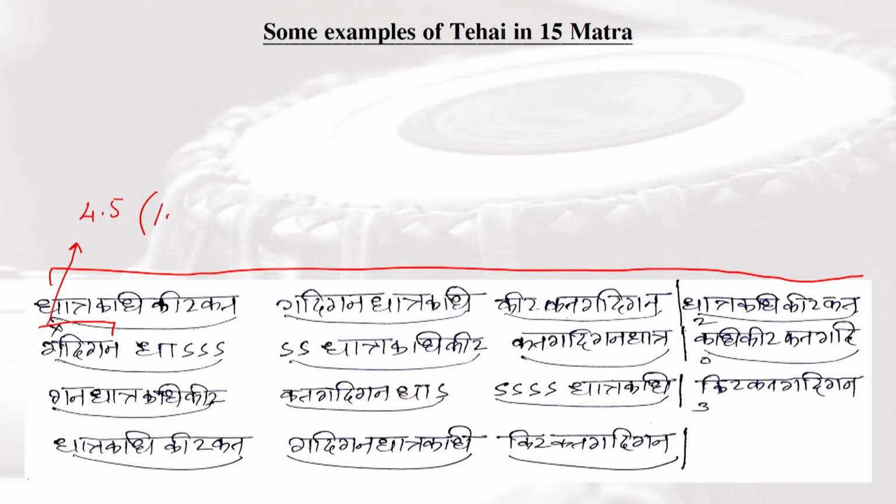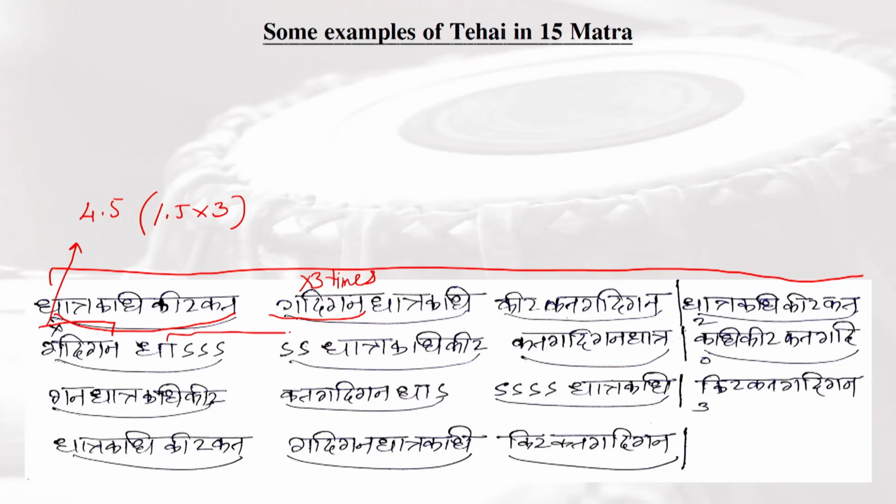So how has this 4.5 become? We have 1.5, that is dhataka dhikita kata gadigana, dhataka dhikita and kata gadigana. So dhataka dhikita kata gadigana, this is 1.5 Matra into 3. So this is how we are getting this combination of 4.5 Matra, that is dhataka dhikita kata gadigana into 3 times, and this is the Palla.